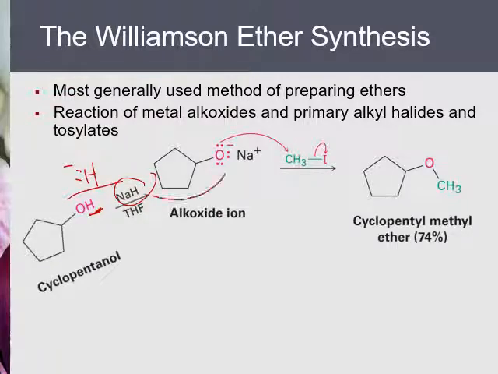And alkoxide, just like hydroxide, is a strong base, which is also a strong nucleophile. This nucleophile attacks an alkyl halide, undergoes an SN2 mechanism, the leaving group leaves, and forms an ether.